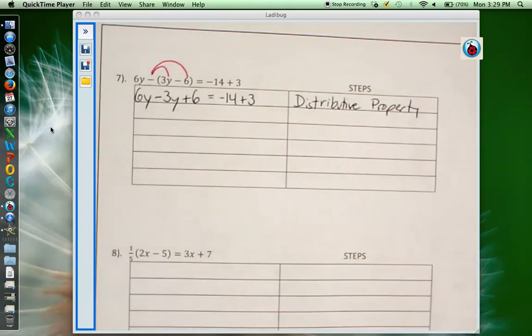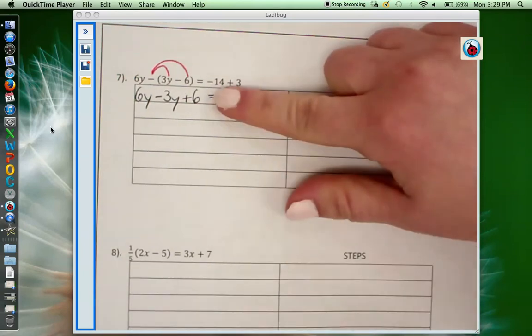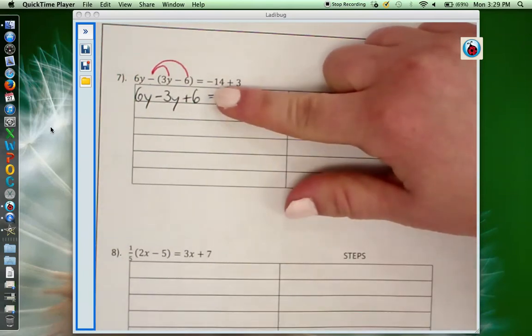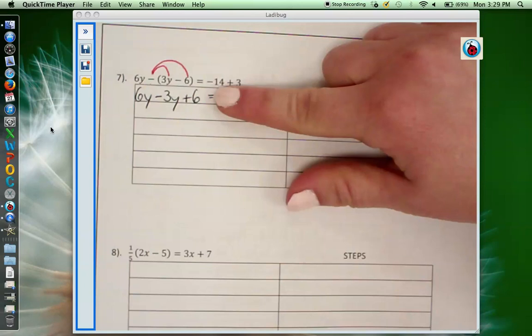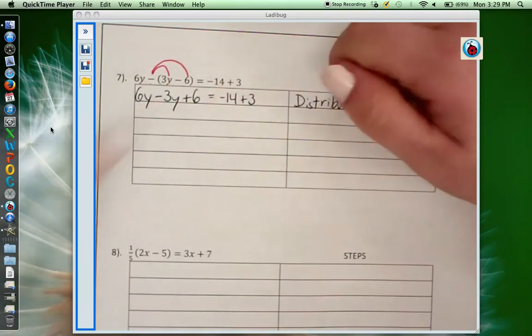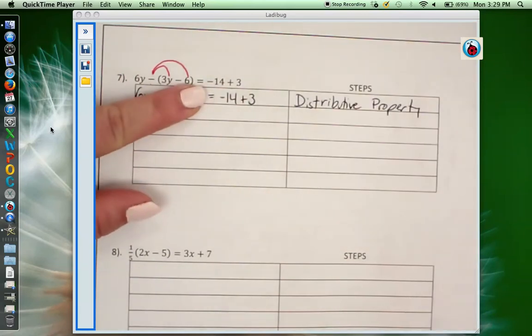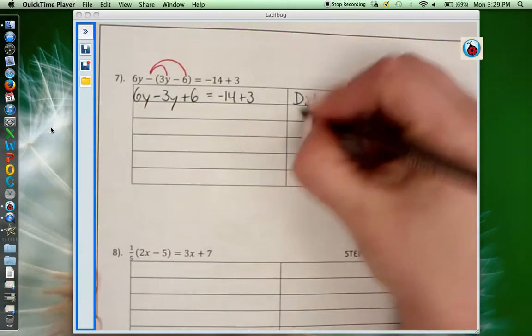All right, so let me take another look at both sides of the equation. Left side, is that fully simplified? Sorry about the bell. All right, this is not fully simplified. I still have like terms. Right side of the equation, again, not fully simplified. I have like terms there. So my next step is going to be combine like terms.